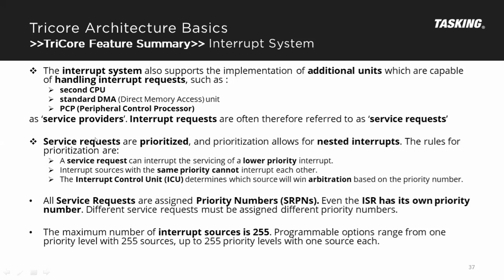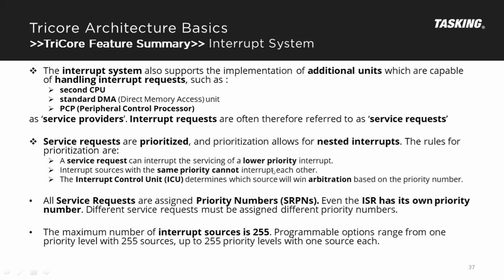Okay, the service requests or interrupts can be prioritized, and accordingly you will sometimes end up with nested interrupts, so you have some rules. For example, if a service request or interrupt has a higher priority than what is being served at the moment, it will interrupt the currently served interrupt, take the CPU, and get served. Interrupts at the same priority level don't interrupt each other.